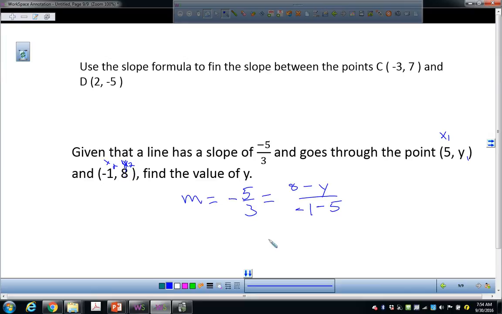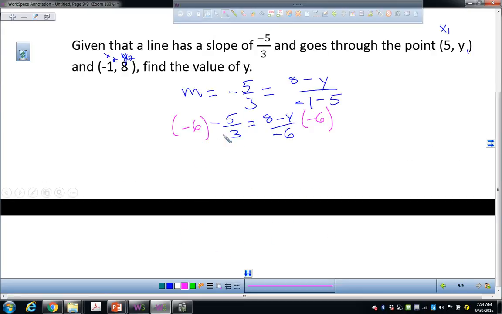People get very confused by this problem. Then I would simplify this. I get -5 over 3 equals 8 minus y over -6. How do I get rid of the -6 in the denominator? Multiply both sides by -6. That gives me 30 divided by 3.